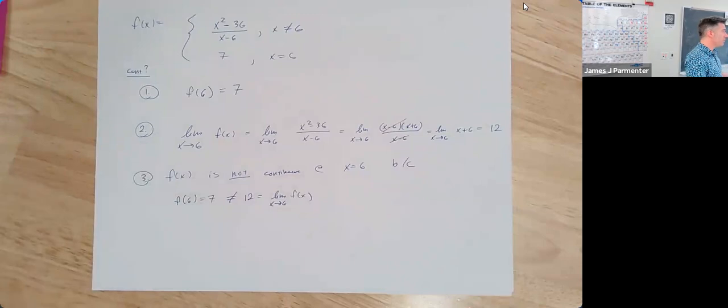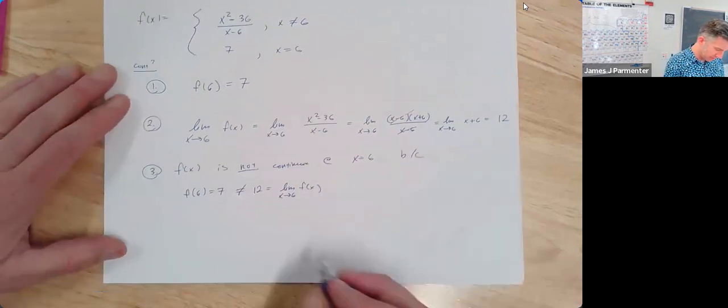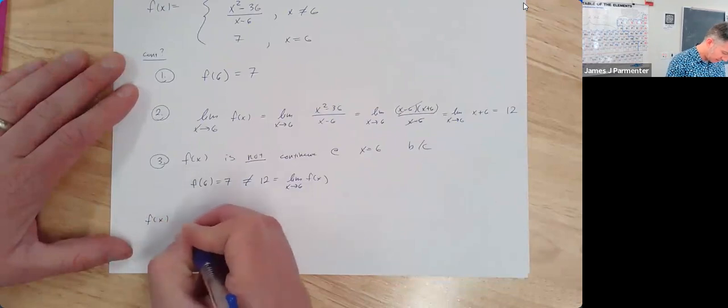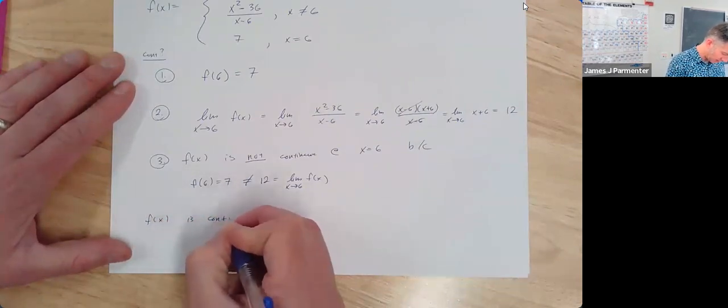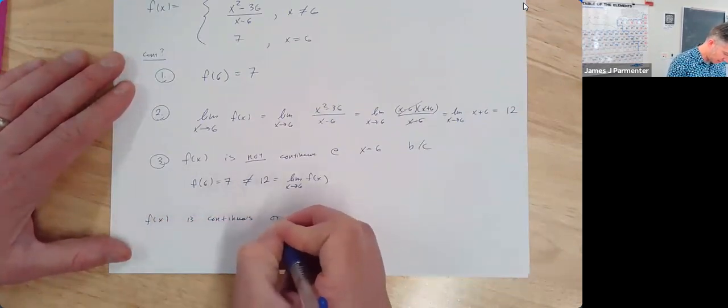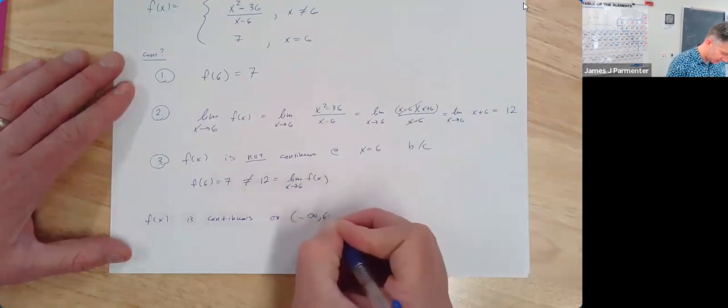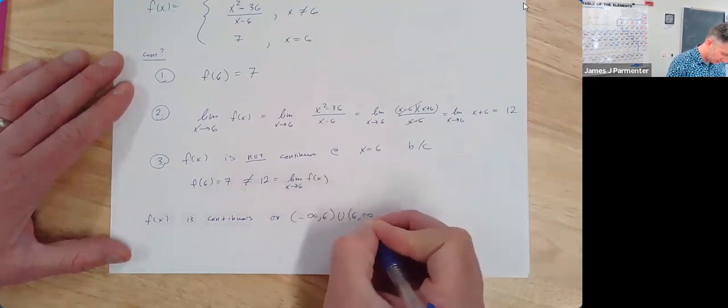If the function value at a point and the limit as x approaches that point are not the same, then the function is not continuous there. But to be more specific, I would say that f of x is continuous everywhere else. So it's continuous on the interval from negative infinity to 6, union 6 to infinity.